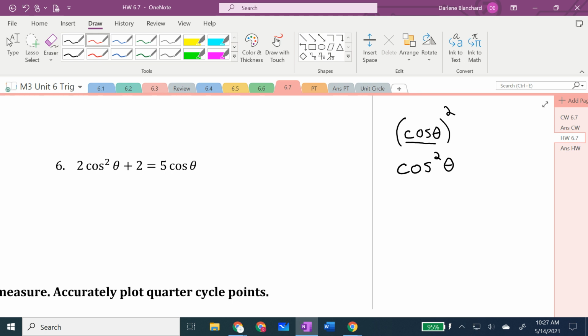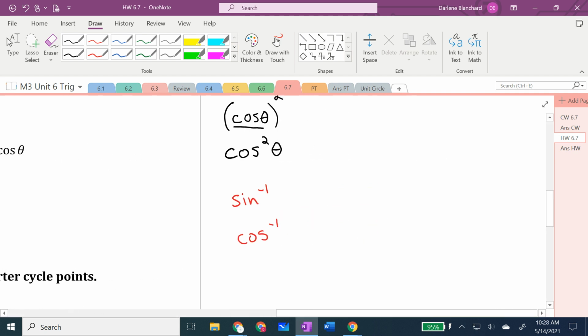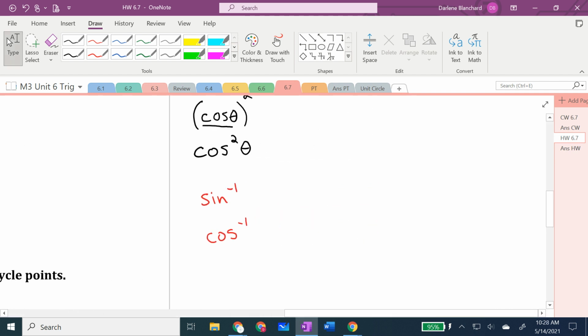If you look at your calculators or some kind of Desmos or something, you will see things like this as buttons on your calculator. And you need to know that that is not exponent -1. And this is due, people get confused because of a very, very poor choice made about notation a long time ago.